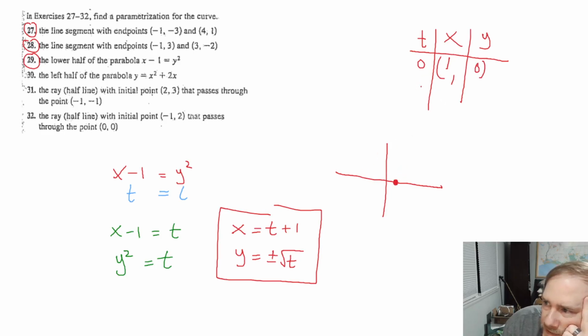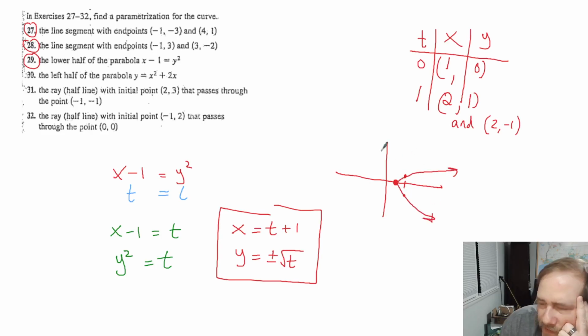But if you plug in 1, then you get 1 plus 1 is 2, and you get plus or minus the square root of 1. So you're getting both a 1 and a negative 1. The same t value is generating two outputs. If I go over to 2, I'm getting positive 1 and negative 1.